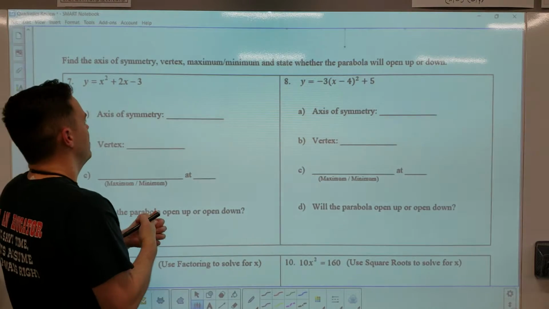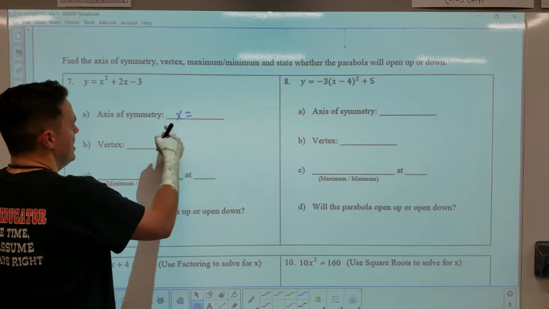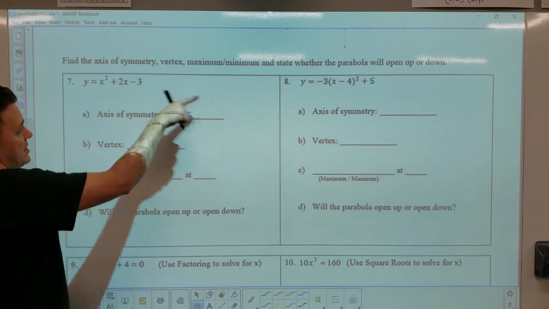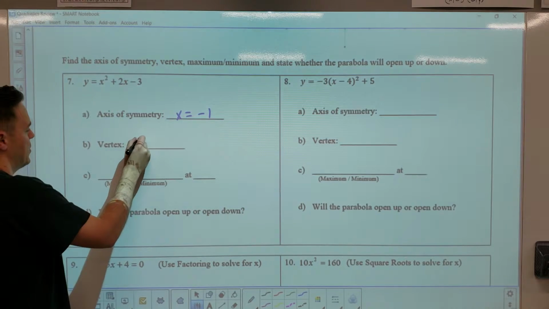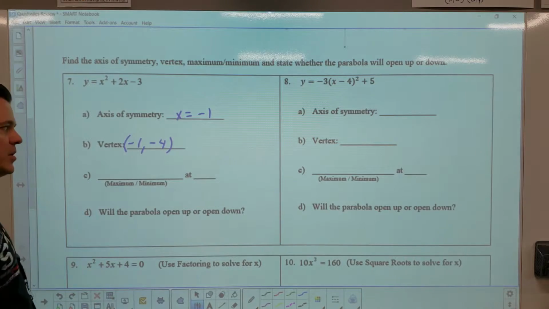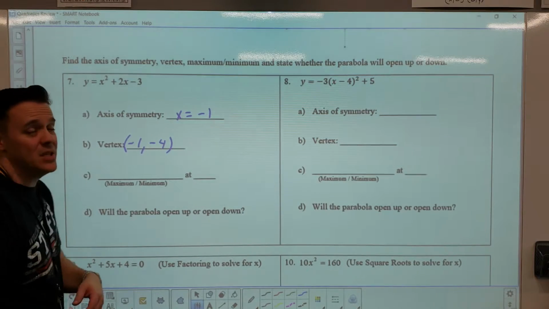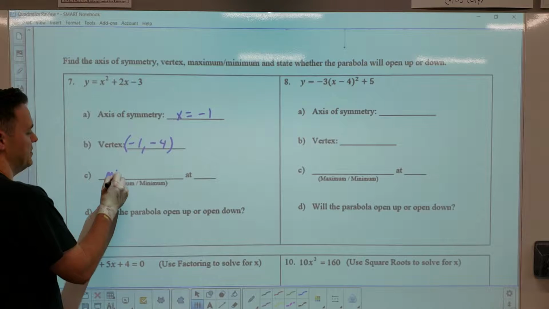All right, next, number 7, it was talking about graphing these. If I can remember this correctly, I'm going off memory on this one. I'm pretty sure 7 and 8 would be in Desmos. I'm pretty sure the axis is x equals -1, then I'm pretty sure the vertex is -1, 4. I can't remember exactly if that's true, so please make sure you check my answers. And this is a minimum.